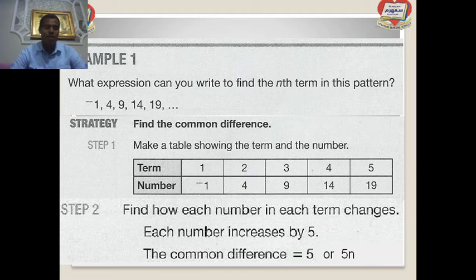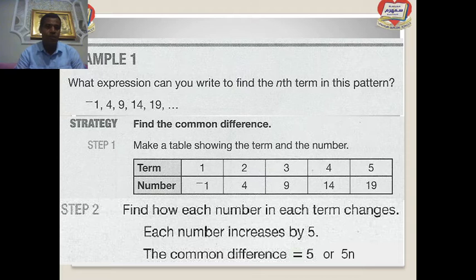Okay, I would like you to at least read the first instruction, and we will see which strategy you will use and which steps you are going to write down. I will read the question. What expression can you write to find the nth term in this pattern? Here you can see that we have a pattern.